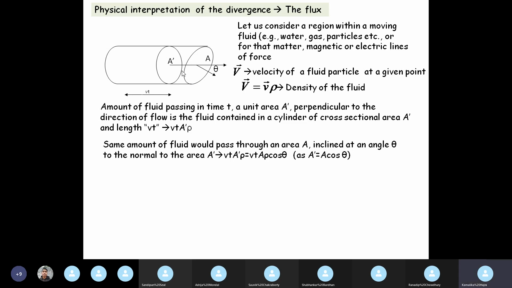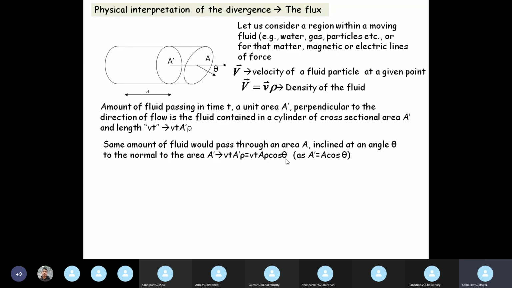So we need not think about an area which is only normal to the direction of flow, but for any general area having any orientation within this mass of fluid will also be the same, given by V t A prime rho, where I replace A prime by A cos theta, because A prime is equal to A cos theta. And so this mass is basically given by V t A rho cos theta.